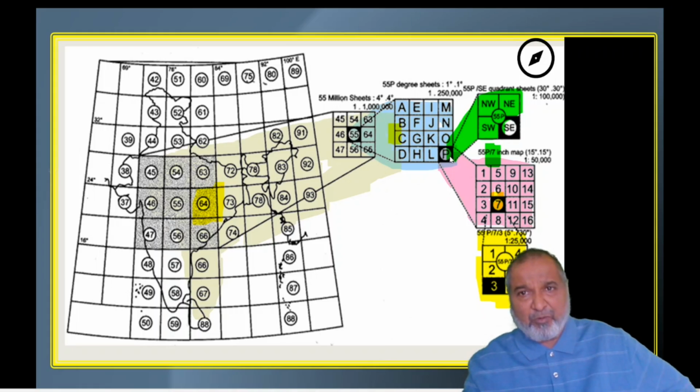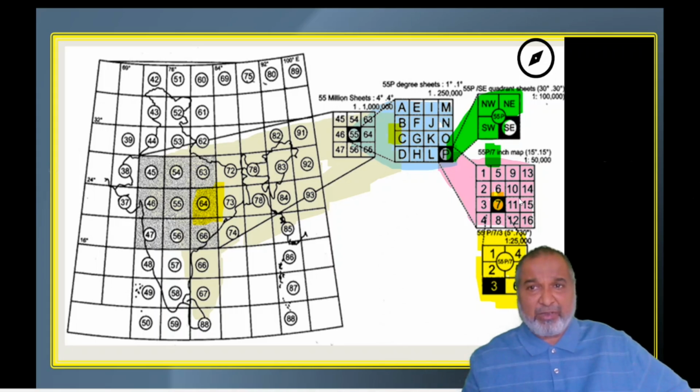Now in this, we are going to focus on the P part. Yes, we have taken the P. In that P also, it will be again divided: northwest, northeast, southwest, southeast. Otherwise, if you don't want this, come directly to here: this 55 is divided into 16, and the P will again be divided into 16.